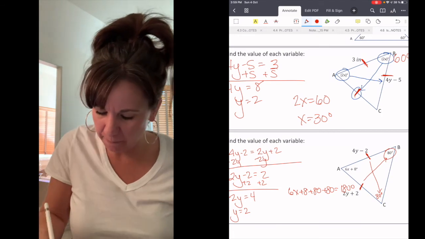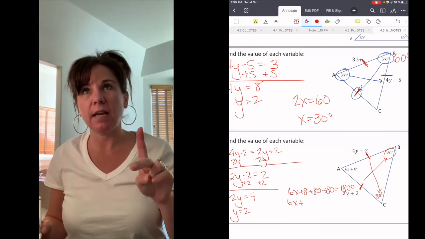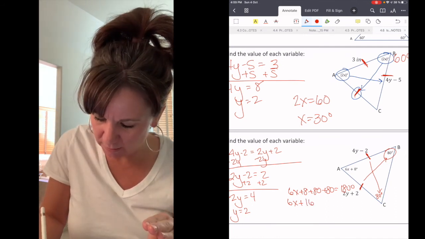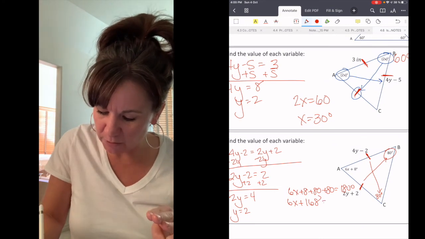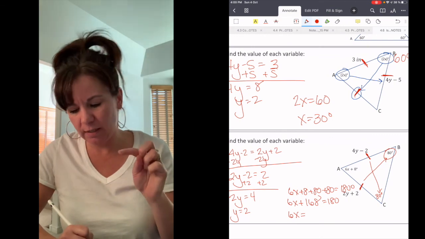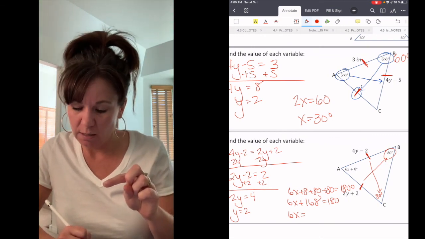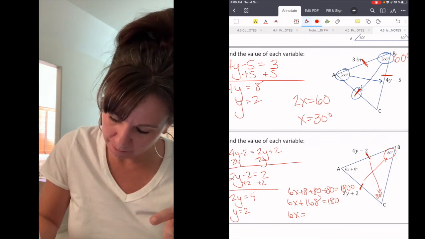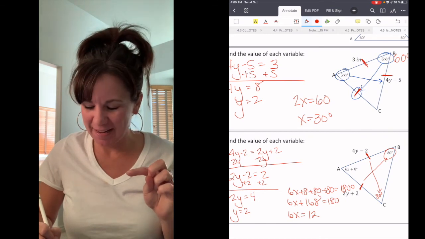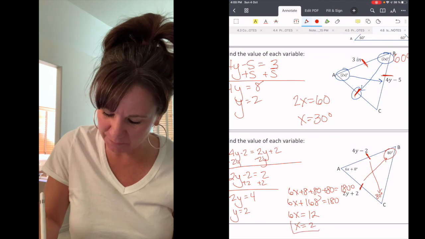Now we just have to solve. So 6x plus, let's see, 80 plus 80 is 160 plus 8 is 168 equals 180 degrees. So 6x equals, let's see, 180 minus 168 is 12. Now divide both sides by 6, and we get x equals 2.